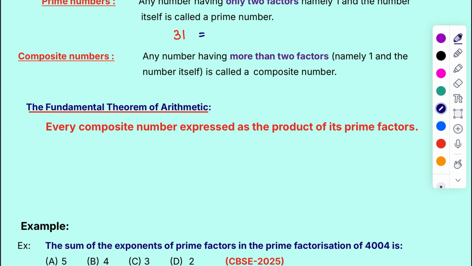That means the factors of 31 are 1 and 31. So we can say that 31 is a prime number. And remember one thing: 2 is the only even number which is prime. 2 is the only even prime number.